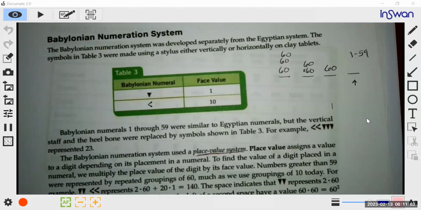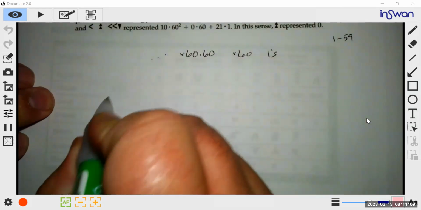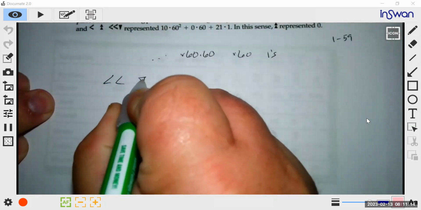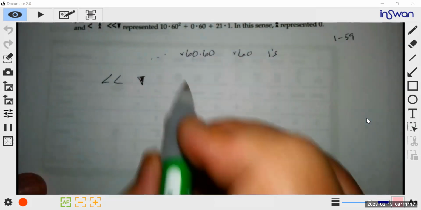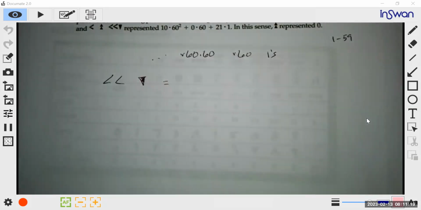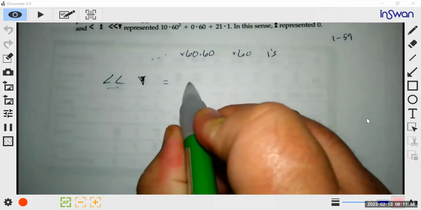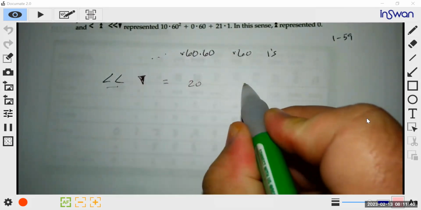So let's look at these examples. Let's say I had, what would that number be? Okay, there's 2 10s, which is how many? And that's a 1, right?